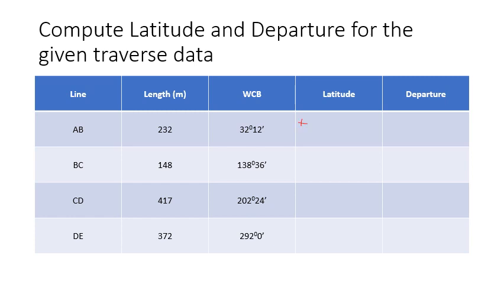So this is positive 232 cos 32 degree 12 minutes. Then departure is also positive 232 sine 32 degree 12 minutes, like that. So you try it out. What are the latitudes and departures of all the lines BC, CD, DE, etc.?